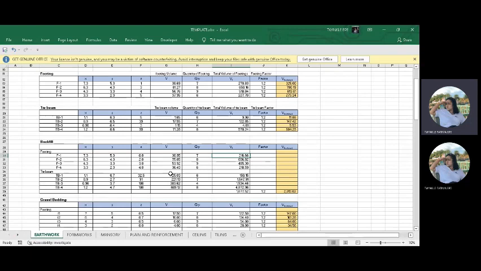So to get the volume of the tie beam, we multiply the length times width times height. And we have the quantity of 6. And to get the total volume, we multiply the volume and the quantity.